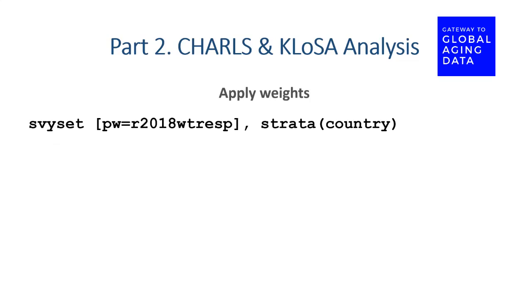It wouldn't be appropriate, for instance, to combine those weights and then generate an estimate and say that this is an estimate that represents China and KLOSA together, because those weights are not properly scaled for the percentage, for the population of China and KLOSA. They could have done that differently. So in this case, we're going to tell Stata that there's a stratification here, and it's by that country variable that we made.